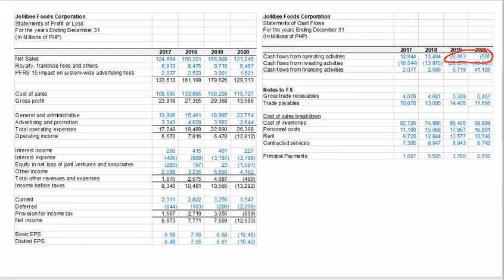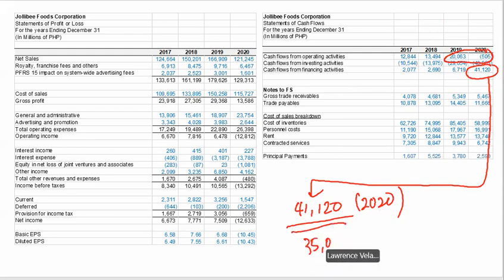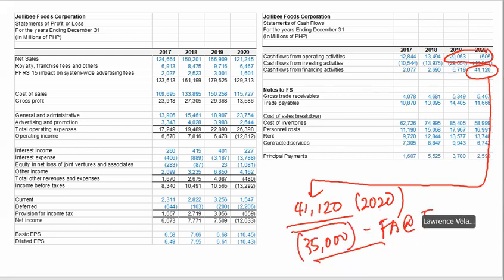And that's why there's also a significant financing, positive 41,120, no, in 2020. Okay? This amount, yan yung 35 billion of which was invested in financial assets at fair value through profit or loss. Okay? So ibig sabihin 5 billion palang talaga ng net cash flow na yan, okay, ang nagagamit nila for expansion or for retirement of debt.